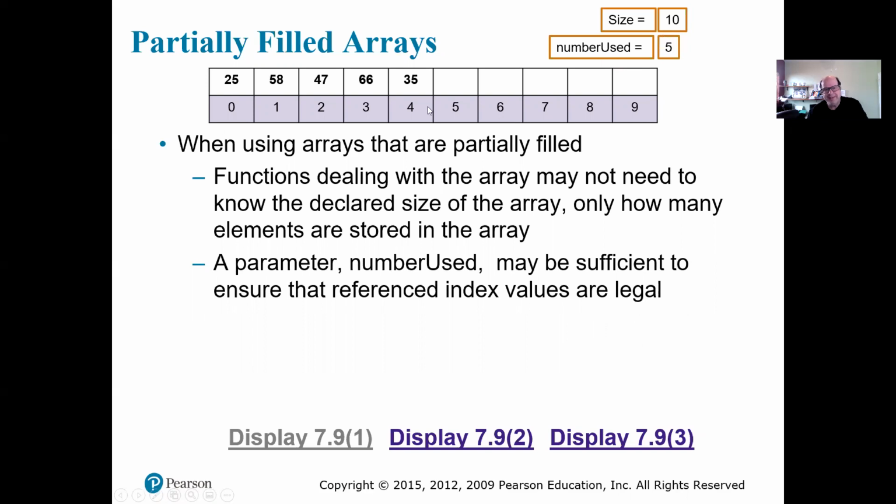So even though I have 10 for my array, I'm only using 5 right now. That's my concern. I don't want to go beyond this because I don't even know what kind of data is in there. Remember, basic C++ does not initialize my array, so I don't know what is in indexes 5 through 9. That's going to cause some issues.